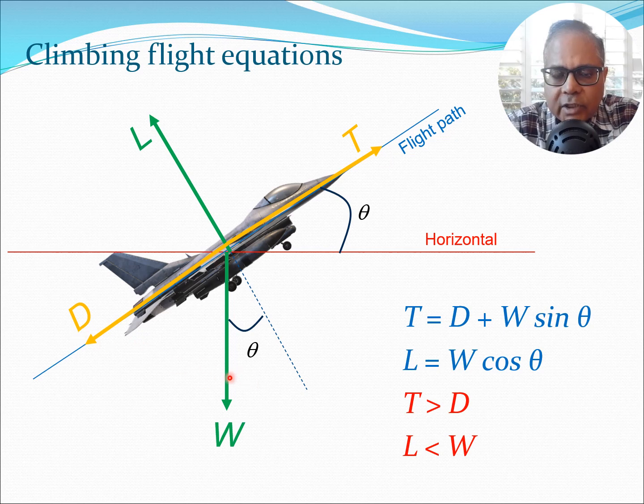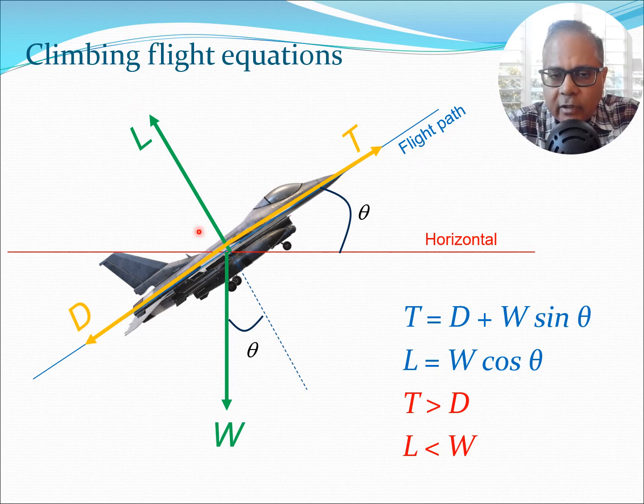So W sine theta is the component of the weight in the drag direction. Essentially we see that the thrust is balanced by the drag and the component of the weight in the drag direction. So T equals D plus W sine theta. That's the equation we get in the flight path direction.